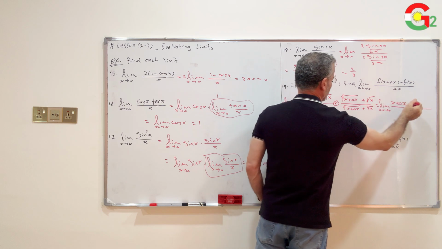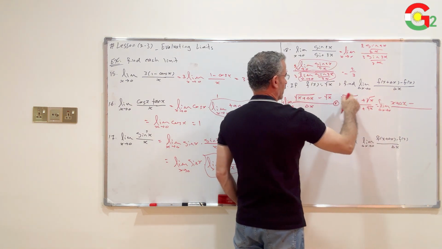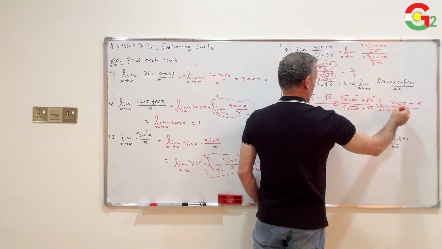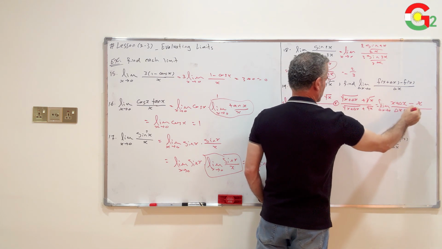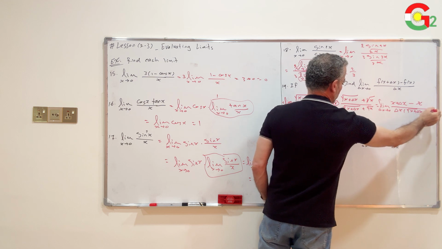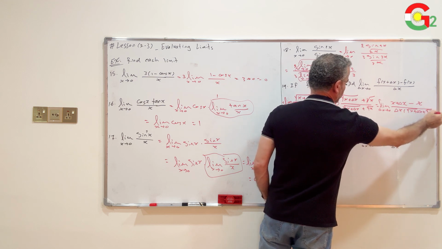Negative times positive is negative: square root of x times square root of x is x, over delta x times the square root of x plus delta x plus square root of x.